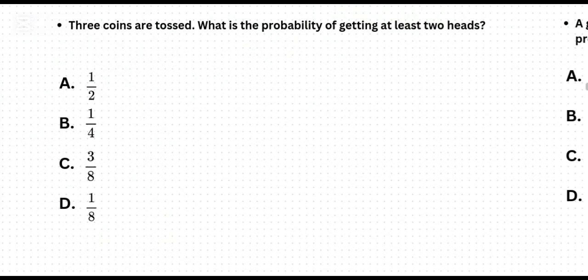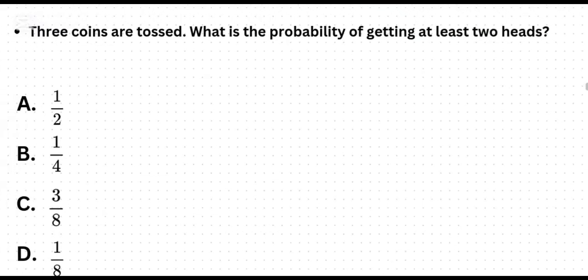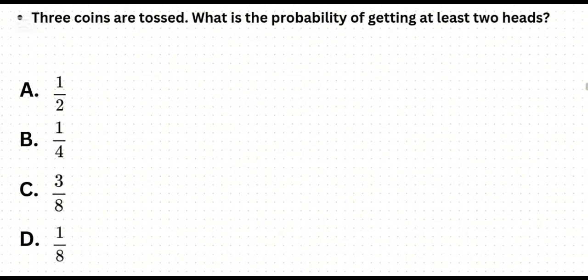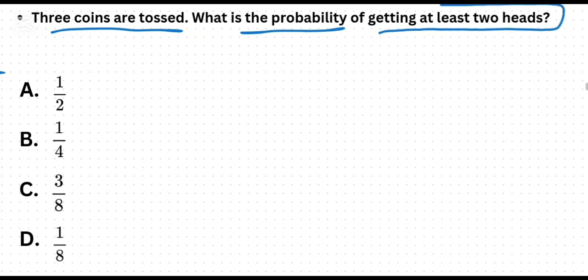The next question is about three coins being tossed. What is the probability of getting at least two heads? Okay, so firstly we will find the possible outcomes if you toss a coin 3 times.